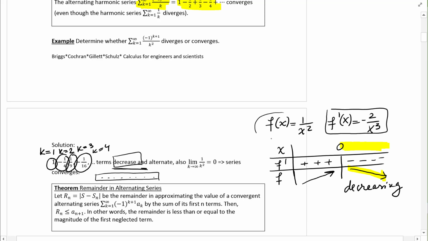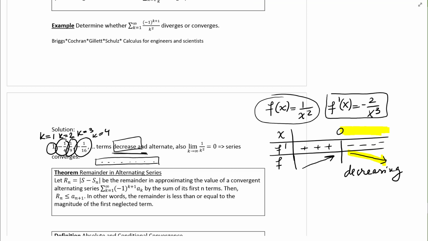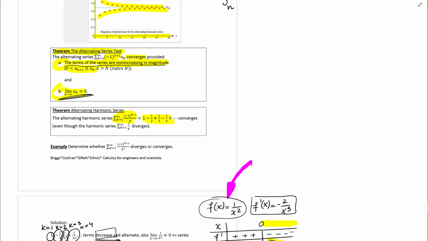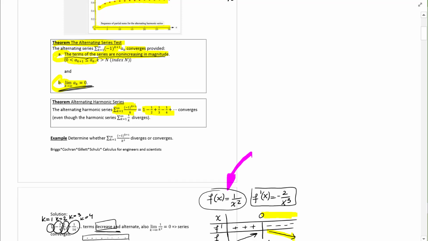Right, so this function here is decreasing. Again, if you are wondering why I chose my function f of x equals 1 over x squared instead of negative 1 to n plus 1 or something like that, it is because in this property here, we have the terms of the series are non-increasing in magnitude.